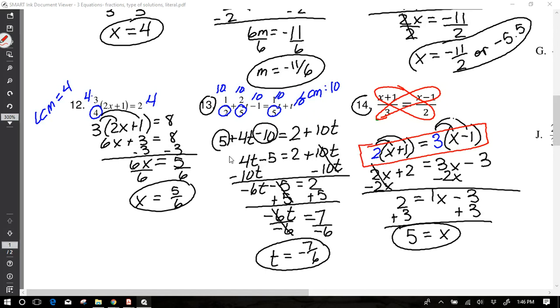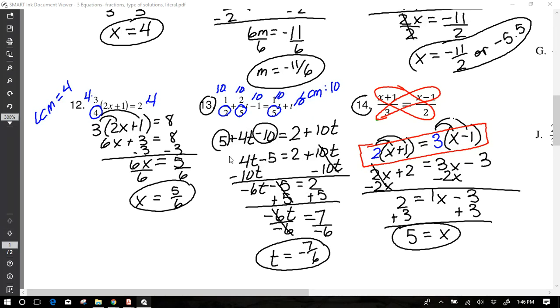You would still get to that same spot. I don't teach it that way because the only time that you can do that is if you have a ratio, and that is two fractions that are being compared to one another. So just be careful with that.